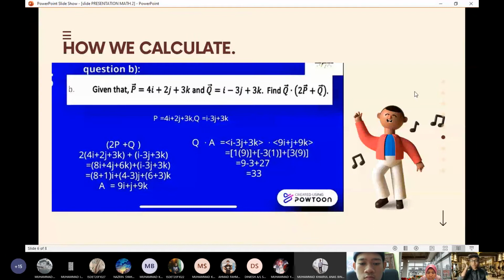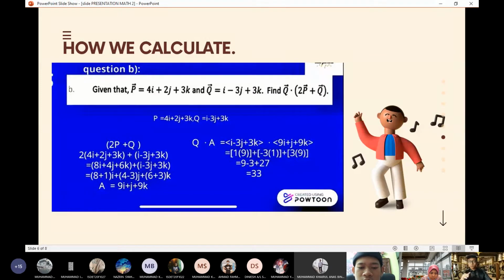Then we move to question B. The question sounds like: given that P equals 4i plus 2j plus 3k and Q equals i minus 3j plus tk, find Q dot in the bracket 2P plus Q. From the slide, we can see that there is a bracket in this question, so we have to solve what is in the bracket first, which is 2P plus Q. So 2P is 4i plus 2j plus 3k plus Q, which is i minus 3j plus tk.